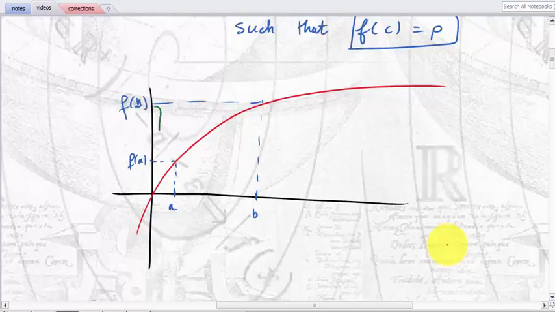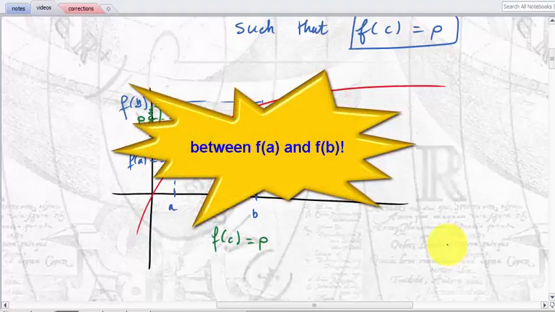Now if I take any value between f of a and f of b, so for example let me take it here, p. Okay, if I take any value between f of a and f of b, I can find a c between a and b. I can find a c right here such that f of c is equal to p. f actually will take all the values between f of a and f of b. There is not a single value that f cannot take.